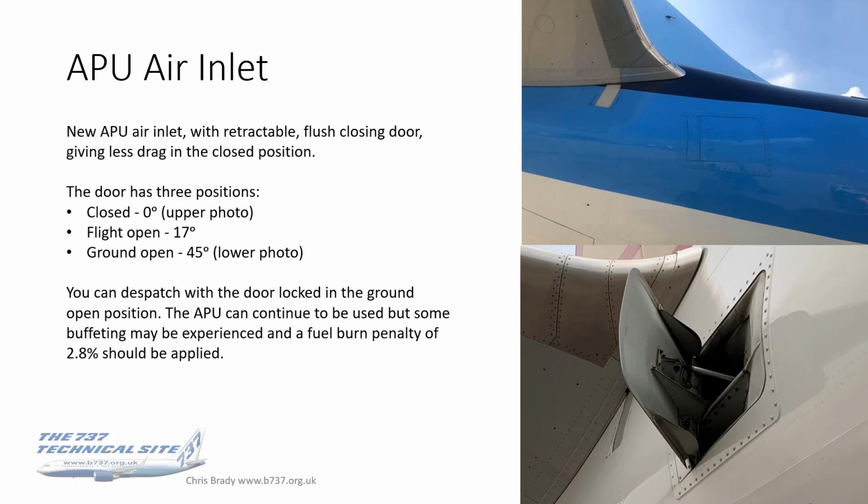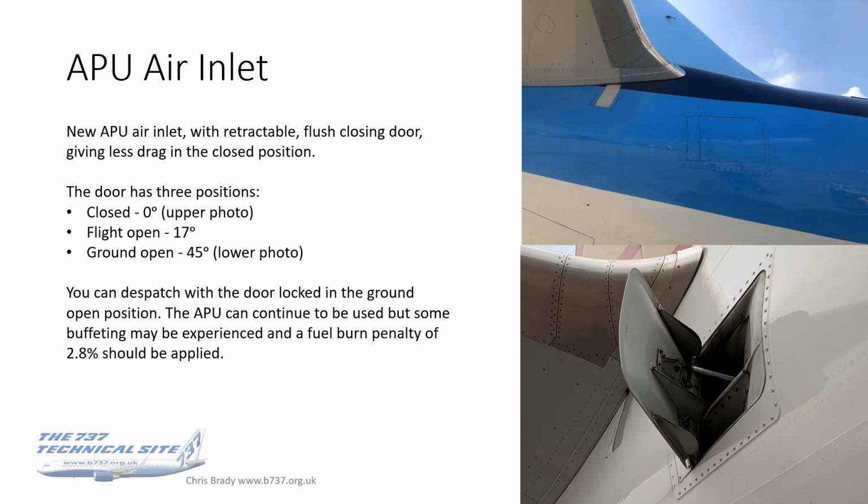So the door's got three positions: closed, as you see in the upper photo, ground open, which is in the lower photo, and then an intermediate position, which I can't take a photograph of because it's the flight open position, which is just 17 degrees. So it's about a third of what it is on the ground open position.